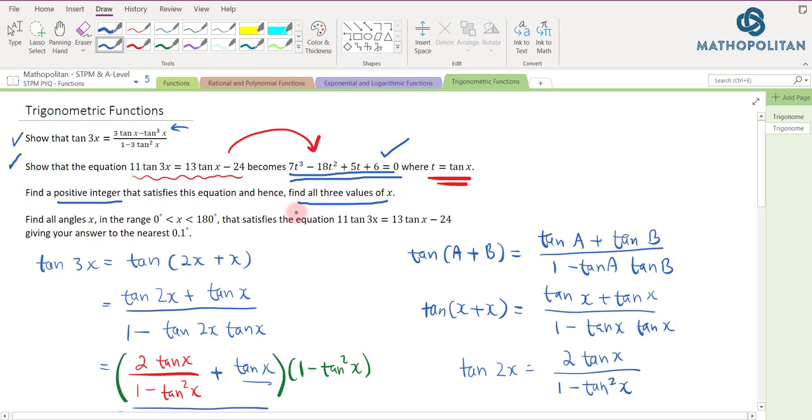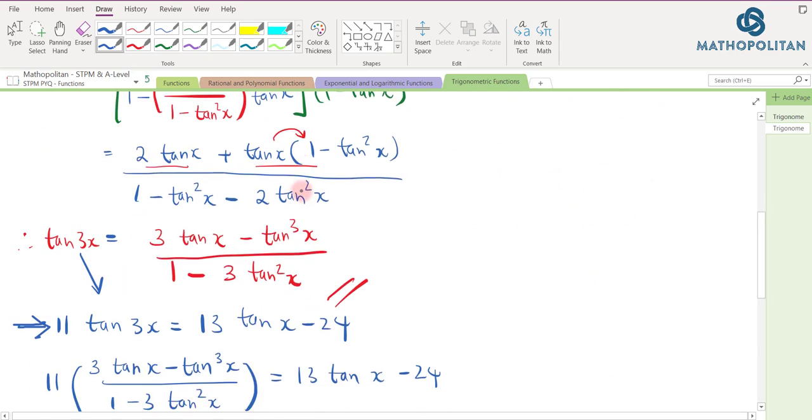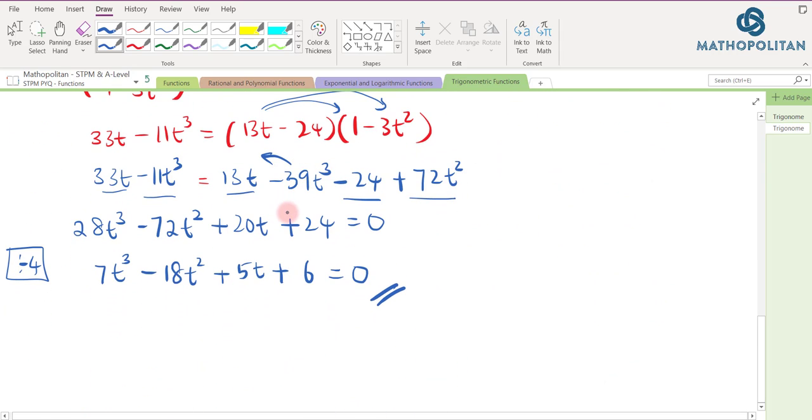So now we have to go by trial and error and see what value of t results in a value of 0 for this function in t, for this cubic function. So of course, we can try and substitute values like 1 or 0 or 2. So you can let the function f of t be equals to 7t cubed minus 18t squared plus 5t plus 6.